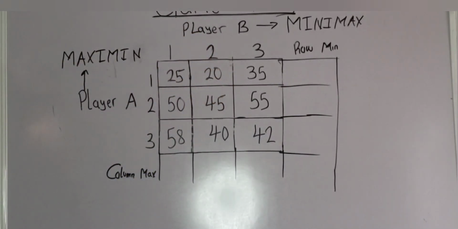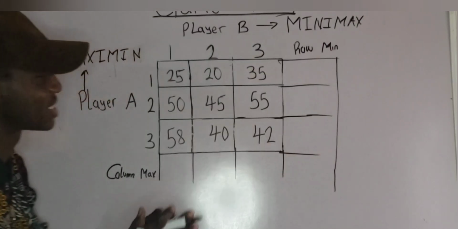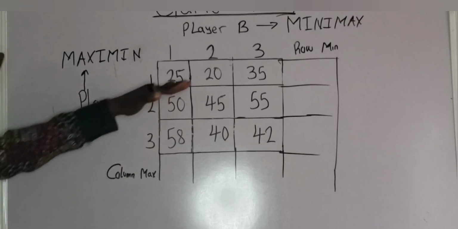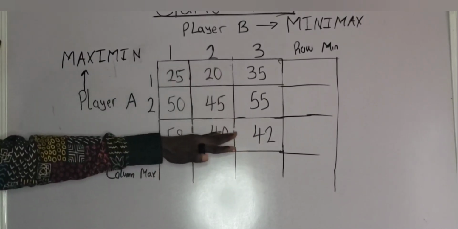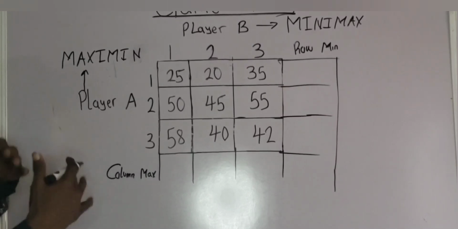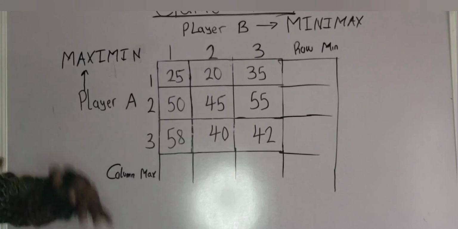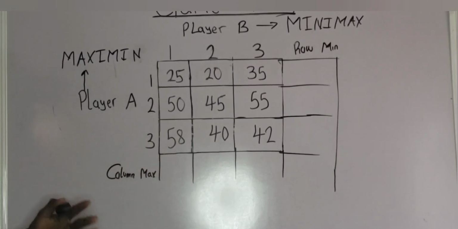Now, please, it is very simple. Just pay attention. Player B is adopting the minimax principle. In that case, that means I'm going to find the maximum of each strategy, then I'm going to choose the minimum. That is the minimum of the maximum. For this one it is maximin, that is the maximum of the minimum. So I'm first going to find the minimum and then choose the maximum. That is for player A.